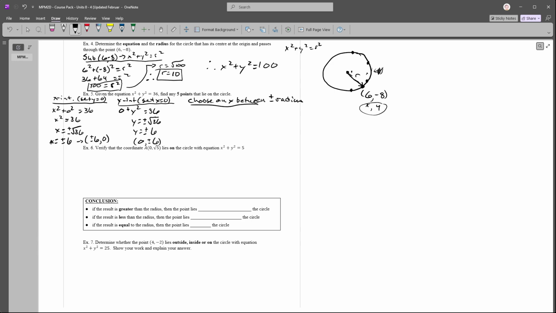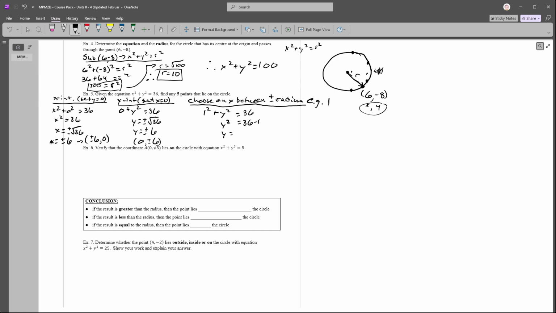Then we're going to take that number, sub it into our equation, and calculate what the y component will be for that x that we chose. So let's say we choose x of 1. That means for x, I'm going to put 1 squared plus y squared is equal to 36. The square of 1 is just 1, so y squared is equal to 36 minus 1.